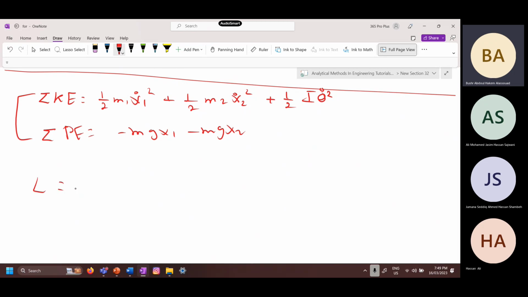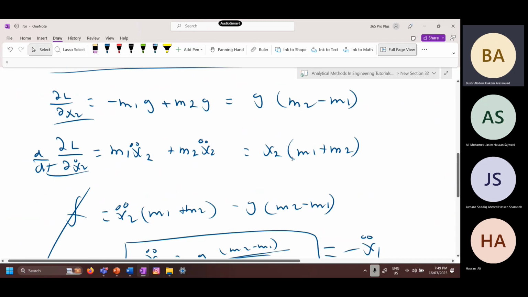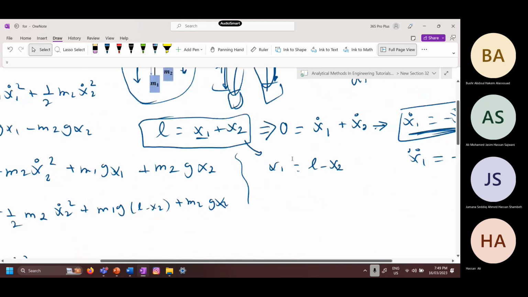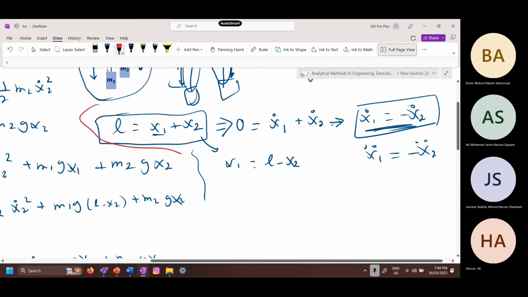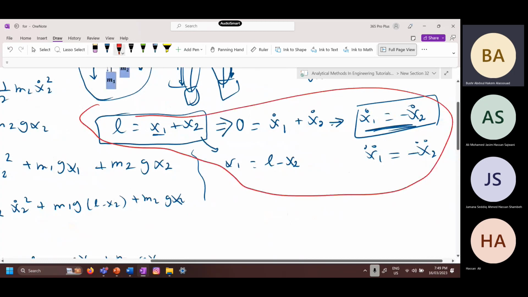Find the Lagrangian. It's going to be half m1 x1 dot squared plus half m2 x2 dot squared plus half I theta dot squared plus m1 g x1 plus m2 g x2. Again, we're going to use these constraints again.